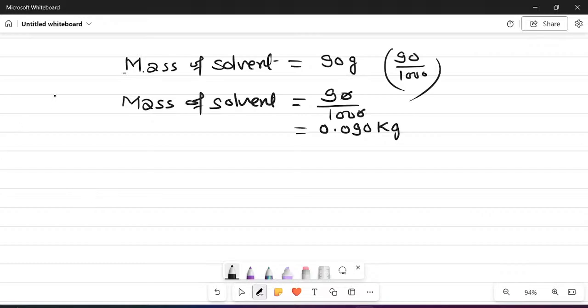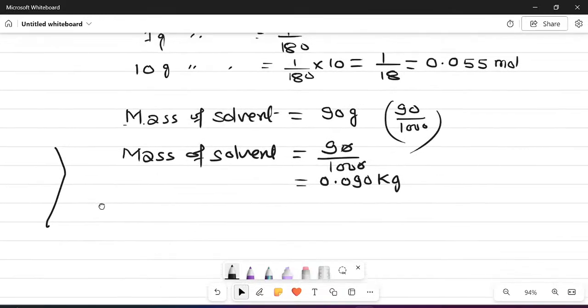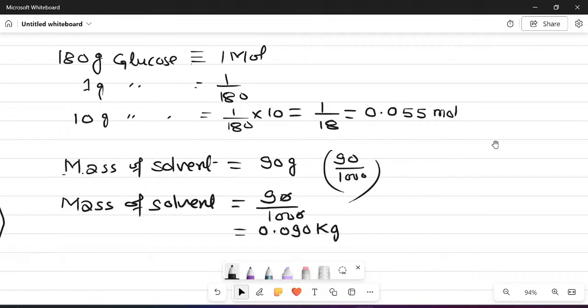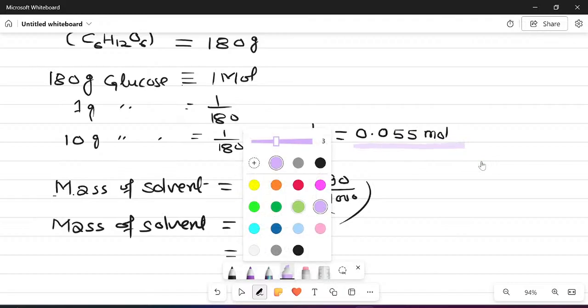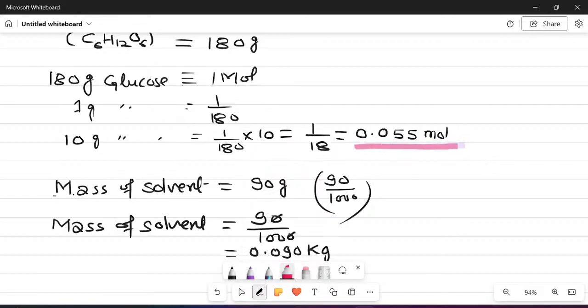Now you see here that this number of moles is present in 90 gram of solvent. That means 0.055 moles of glucose are present in 0.09 kilogram of your solvent.